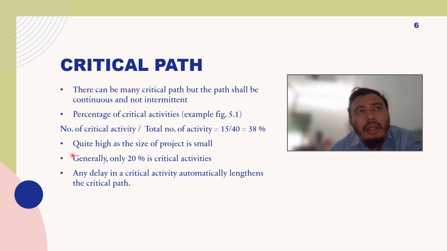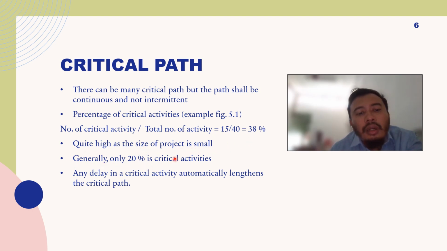If the percentage is high for a small project, the project will be very critical, and the activities will be too critical. So in terms of size of project, in example 5.1, building the bridges, the percentage is quite high as the size of the project is small.